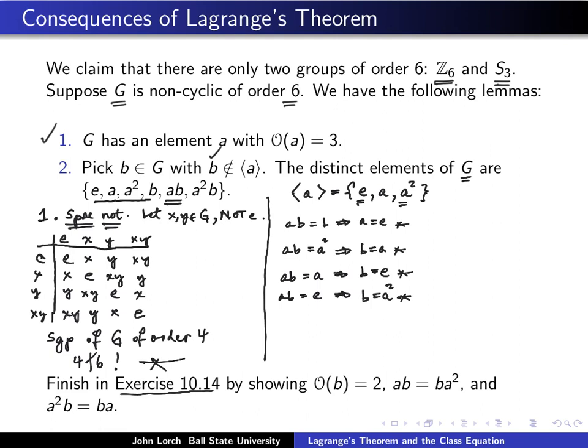Similarly, you can make a similar argument that A squared B is not equal to any of the things in the list prior to it: E, A, A squared, B, or AB. And so all of these 6 elements in the list are distinct, and so that must account for every single element in G.